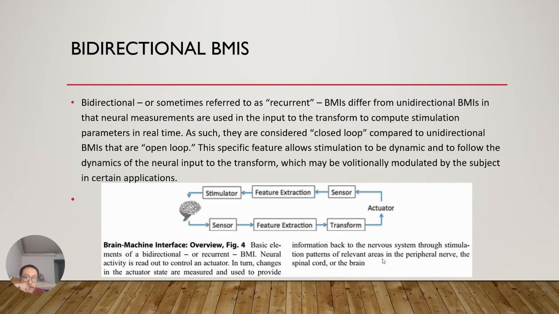As such, they are considered closed loop compared to unidirectional BMIs that are open loop. This specific feature allows stimulation to be dynamic and to follow the dynamics of the neural input to the transform, which may be volitionally modulated by the subject in certain applications.